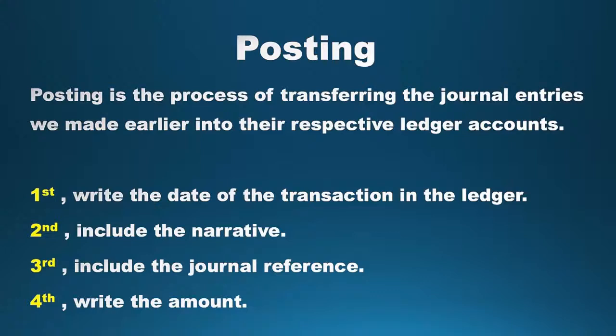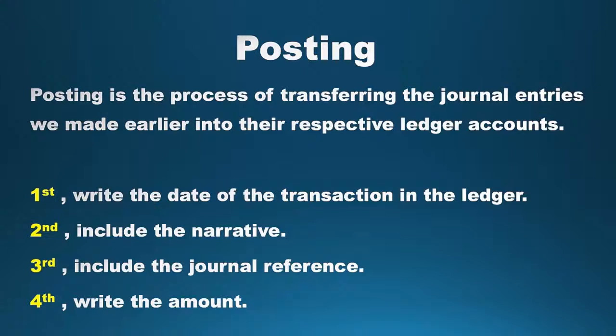1. First, write the date of the transaction in the ledger. This helps us stay organized and shows when the transaction occurred. 2. Second, include the narrative. The narrative explains the purpose of the transaction so anyone looking at the ledger can understand what happened. 3. Third, include the journal reference.